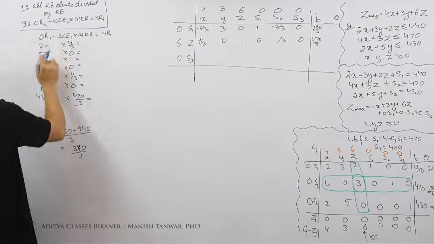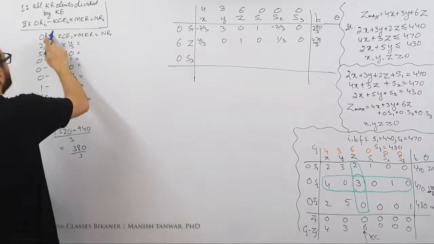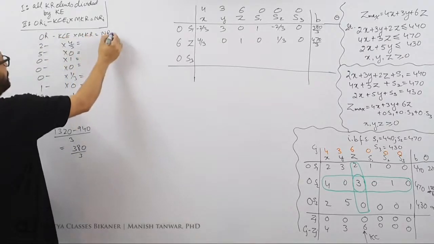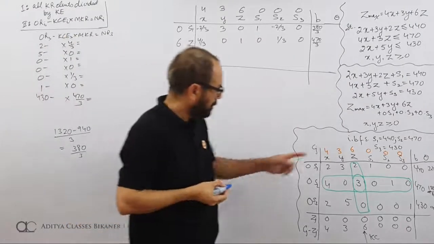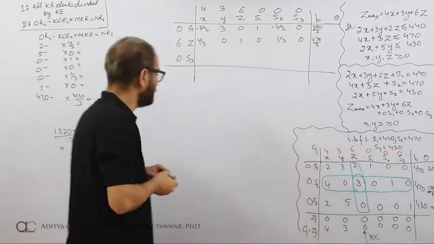New row is old row minus key column element times the key row. This time we are transferring the third row, so everything becomes 3. Key column element 3 is 0.